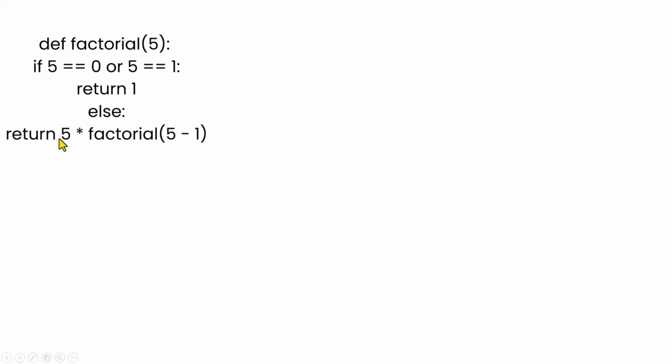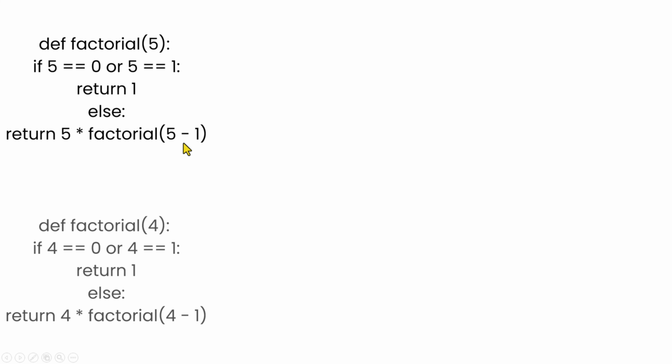Inside else we have return 5 into factorial of n minus 1, which is now 5 minus 1. We are not returning anything right now. What we want to return is 5 into factorial of 5 minus 1.